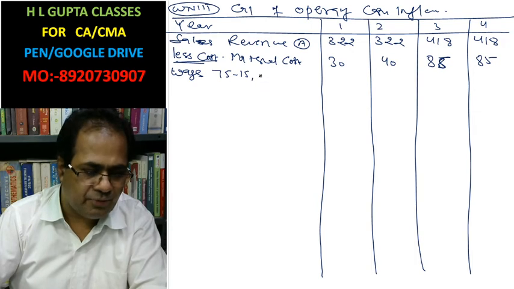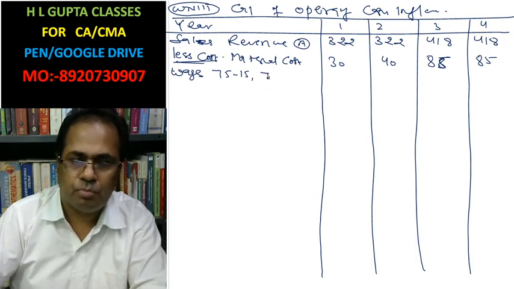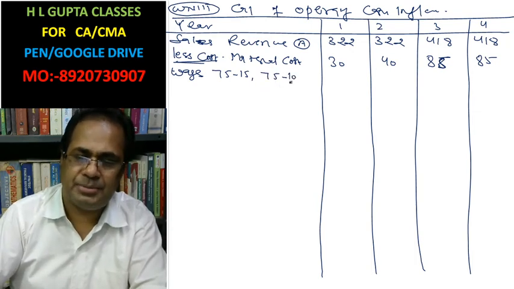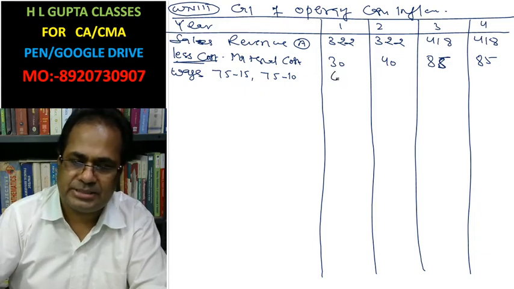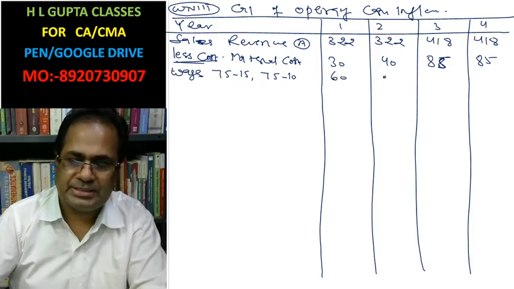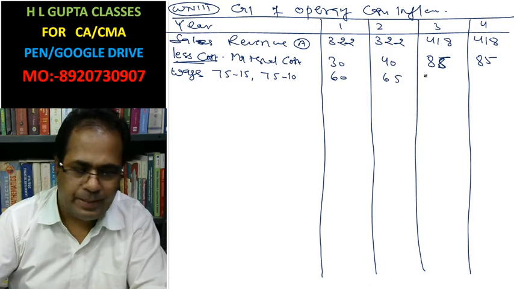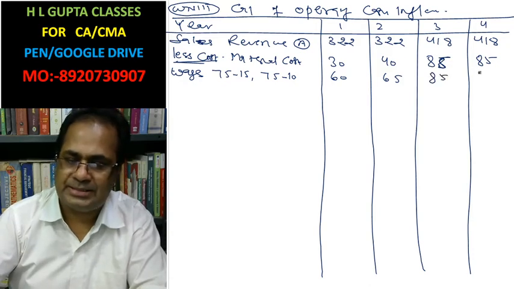Wages was 75, out of which 10 lakh saved in the second year. So that is 60, 65, 85 wages. This is the 100.